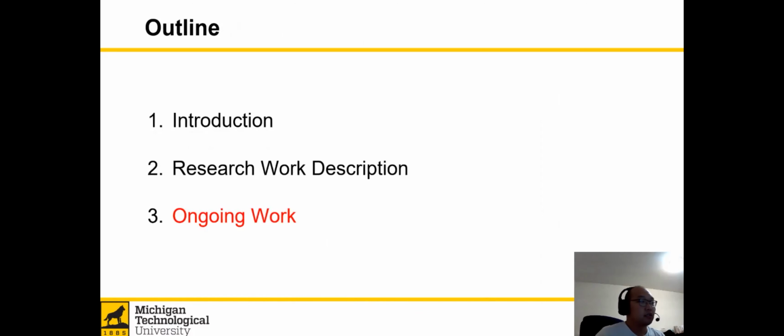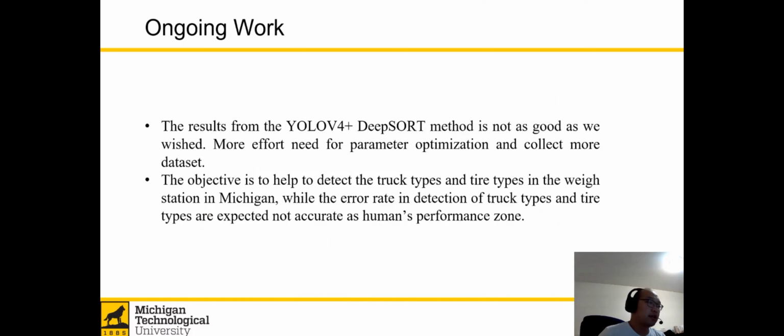And here is the ongoing work. We can get results from the YOLO and DeepSORT method, but actually it's not as good as we wished, because the results are still not as accurate as we wanted. So we will need to do more parameter optimization and also collect more data sets to improve the accuracy of the models.